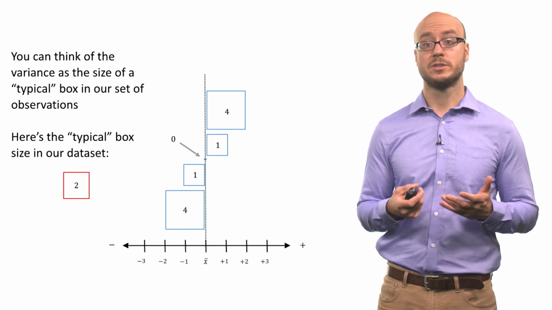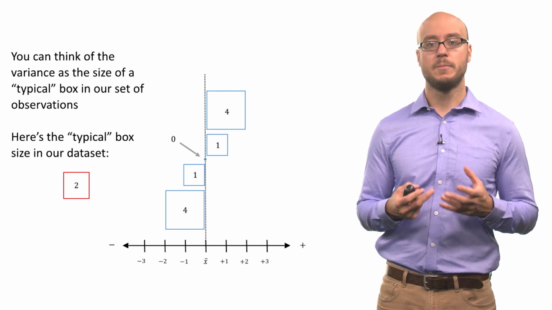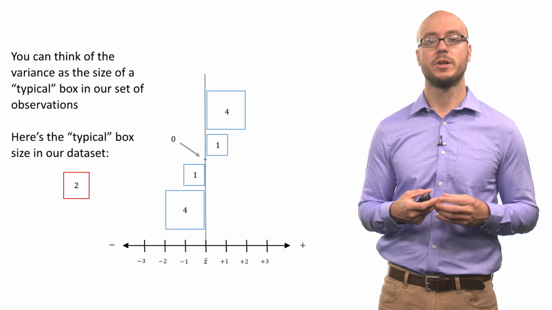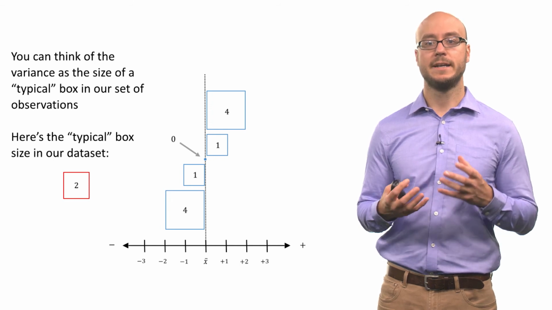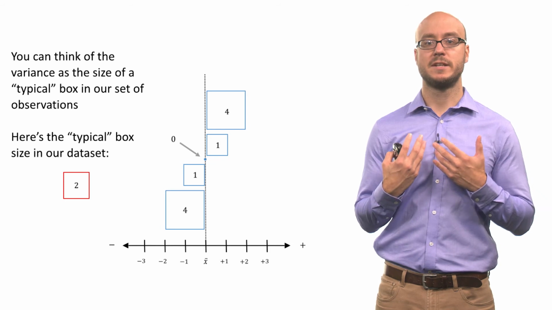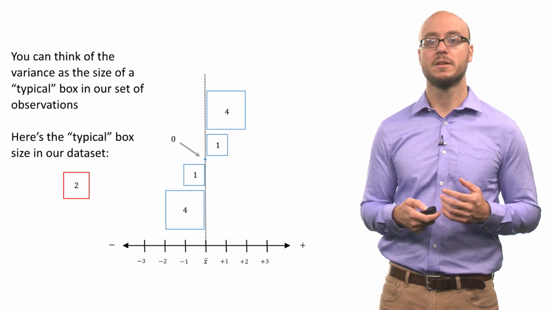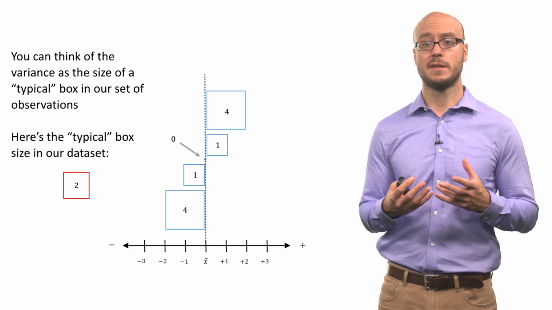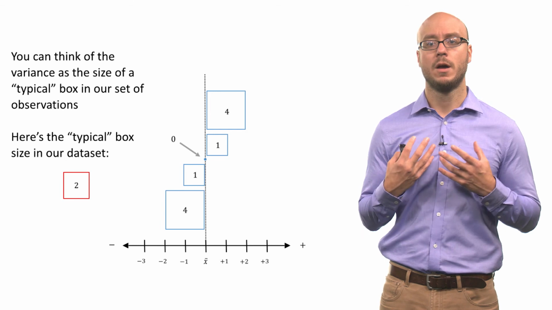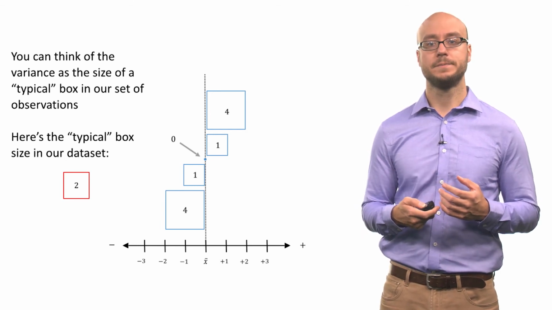For our original data set, when we had values of 1, 2, 3, 4, and 5, the typical box has an area of 2. And we've shown it here to give you an idea of what the typical box looks like. This represents a typical squared deviation from the mean. You can see that this box is not the biggest box, it's not the smallest box, but it gives you an idea of how varied the set of observations are in our data set.